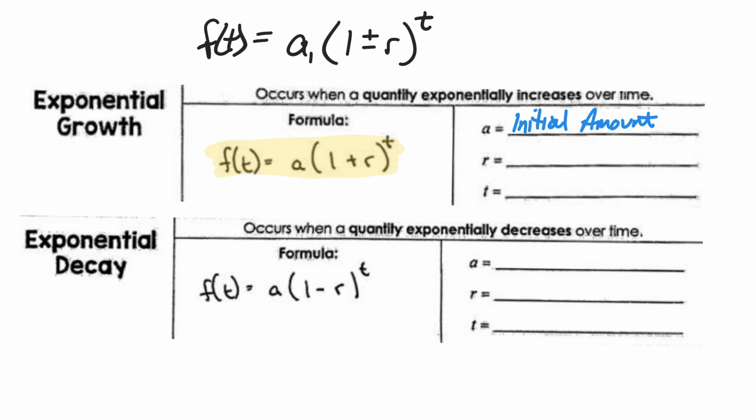Money invested, the value of a car. This is where, if no time elapses, this is where we should be. The R stands for the rate. This is a rate. Make sure you do not do this in percentage form. If you want to put a note to yourself, make sure it is a decimal. Make sure it's a decimal. And then T is the time elapsed.